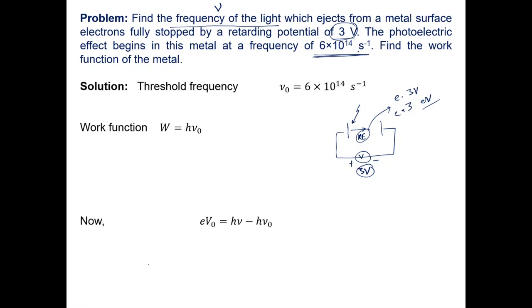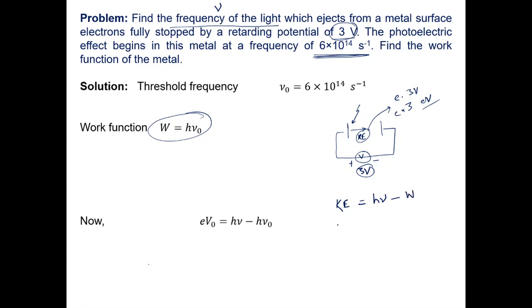So you know that the work function is nothing but this times Planck's constant, and that will give you the work function. And then if you bring this to the photoelectric effect, then we know that the kinetic energy of the emitted electron is nothing but the energy of the incident light minus the work function.